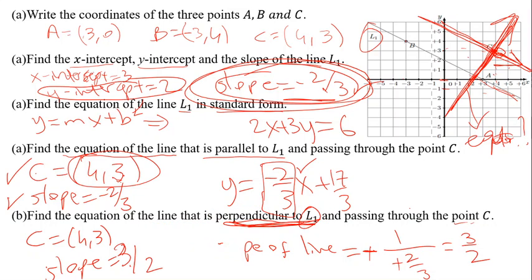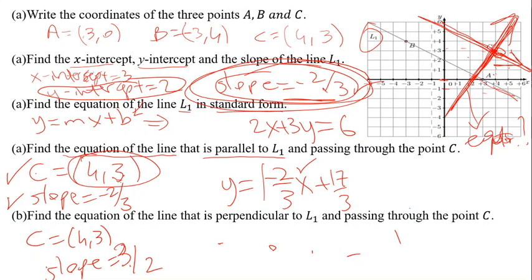And the next thing is you can write the equation by using point slope form. The point slope form says this has to be y minus y1. y1 is 3 here. The slope, 3 over 2, is m, times x minus x1. This is 4.